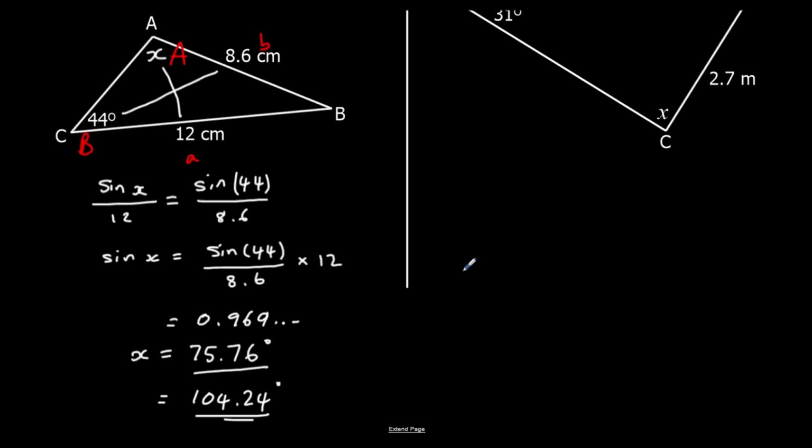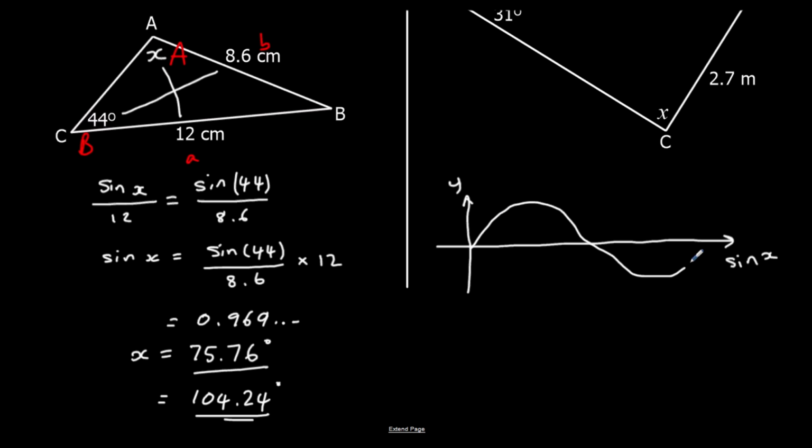So if we've got a sine graph, which looks something like this, so we've got sine x, and I'll write the y-axis, and the sine graph is a wave. And it's a wave and it goes on forever. And I'll write 90, 180, 270, 360.